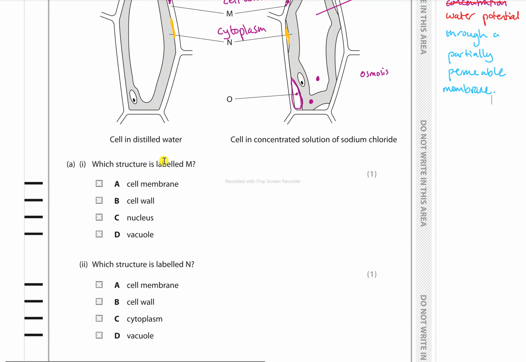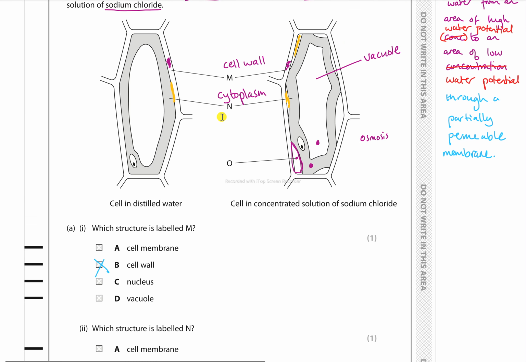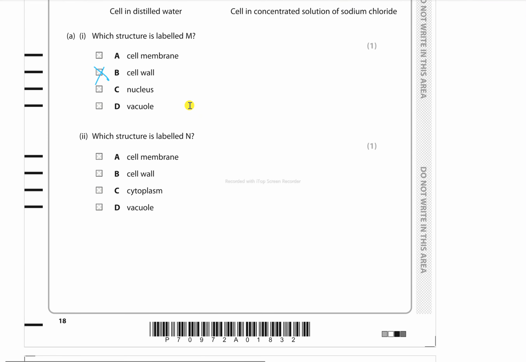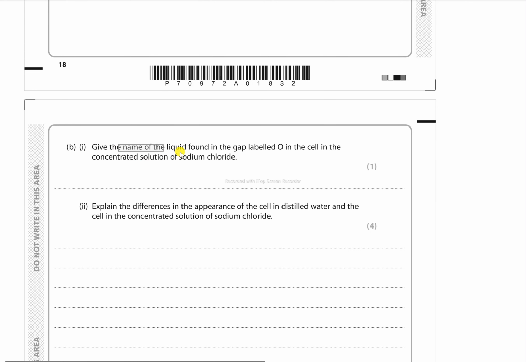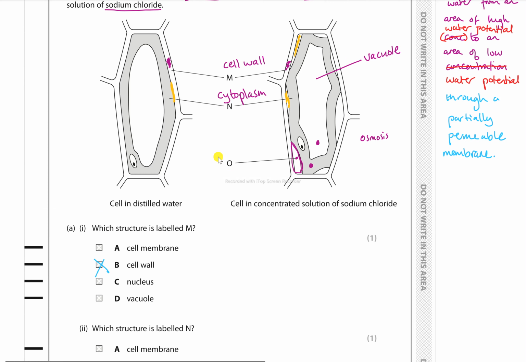Which structure is labeled M? We said M is a cell wall. Which structure is labeled N? That is the cytoplasm. Give the name of the liquid found in the gap labeled O. What's happened is you've got concentrated salt solution, sodium chloride.